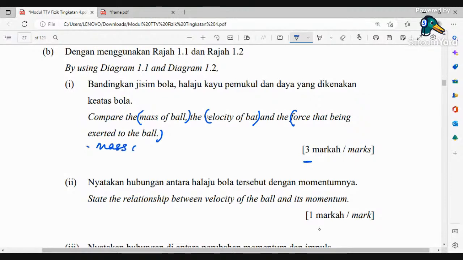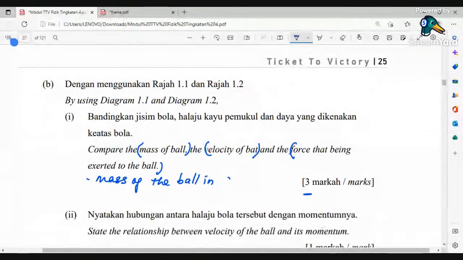Mass of the ball in 1.1 is same or equal to in 1.2. Ataupun mass of the ball in both diagram are same pun boleh.